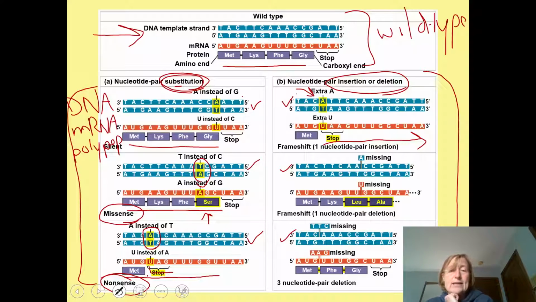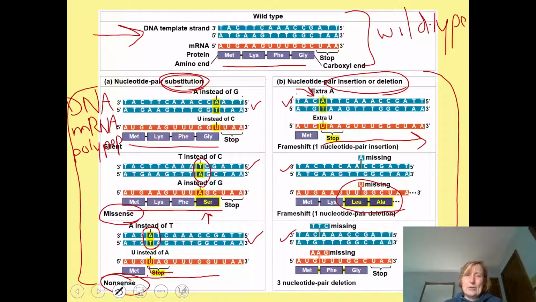Okay, here we've got a deletion. Again, lots of problems. When you delete or insert a nucleotide, that changes the reading of the entire mRNA. From that point on, there's going to be mistakes. So those are kind of devastating point mutations.